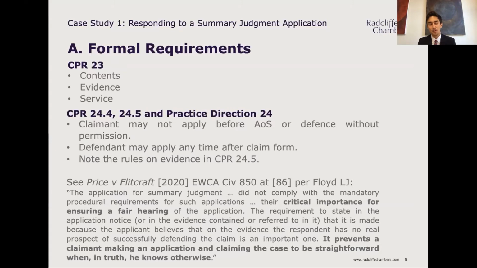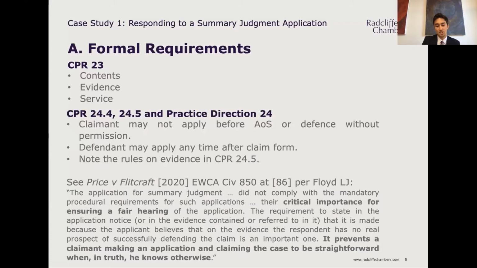I'm not going to go through those requirements in detail because they're fairly straightforwardly set out, but just to mention that Part 24 does contain some specific provisions relevant to summary judgment applications, and those, for example, deal with who may apply and when. So the claimant may not apply before the acknowledgement of service or the defendant's defence is filed unless they seek permission of the court first. The defendant may apply from any time after the proceedings are issued, and those are both found in Rule 24.4.